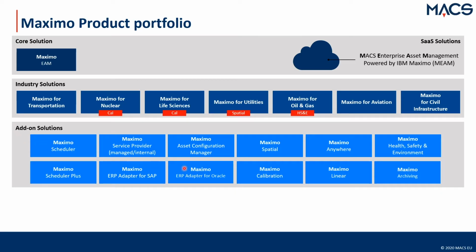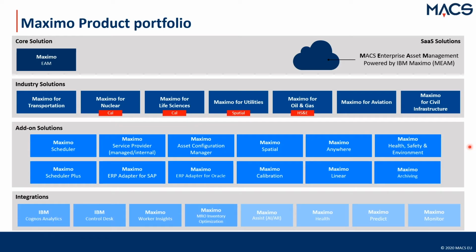And also Maximo Anywhere, the mobile solution which you can work with online and offline, which is pretty unique in its way of working, because we have more mobile solutions in Maximo, for example the work centers, but only Maximo Anywhere allows you to work offline.